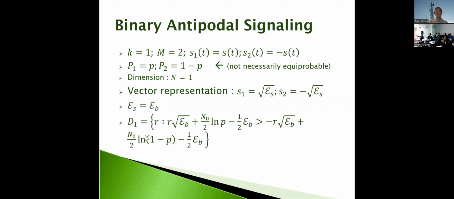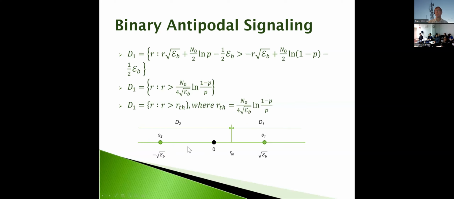Now, this is the probability that this S2 symbol would be sent, so it's the a priori probability, and so we have 1 minus P. Now just repeating that equation up there for context.